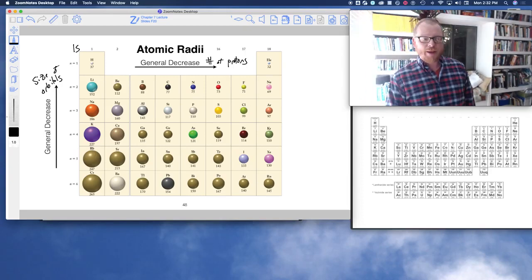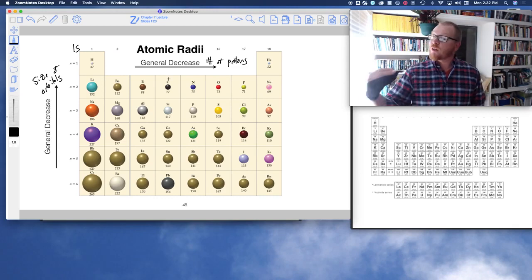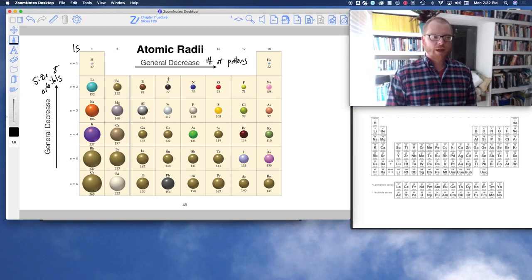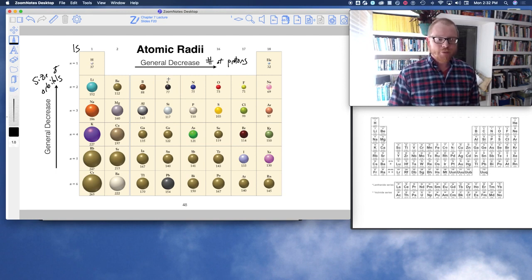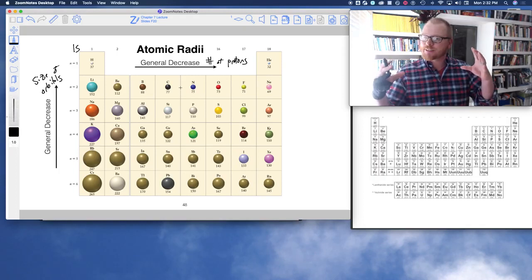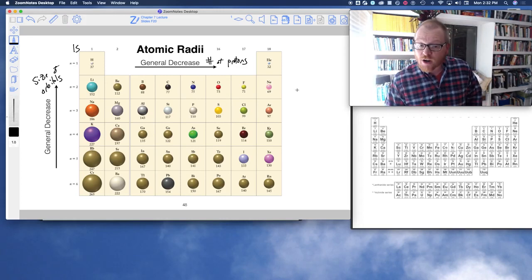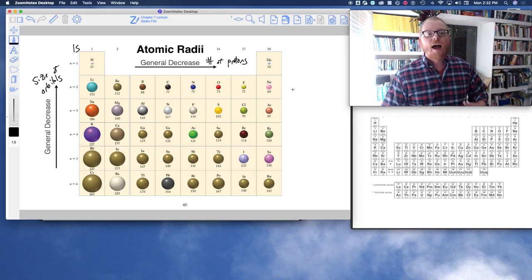What does that mean? If, for example, I pick on this level 2 here, it's all in the level 2, n is equal to 2. As we move across, the orbital is more or less the same size, and we are increasing the number of electrons as we move across.